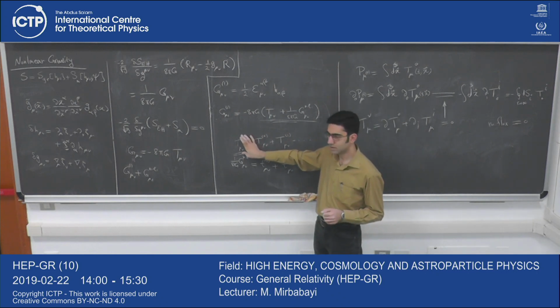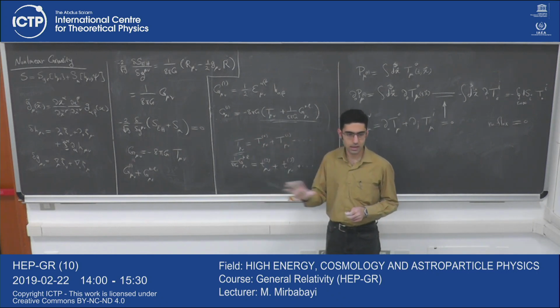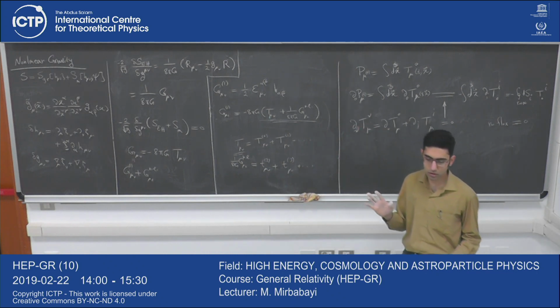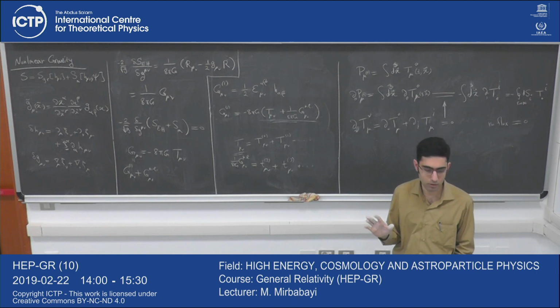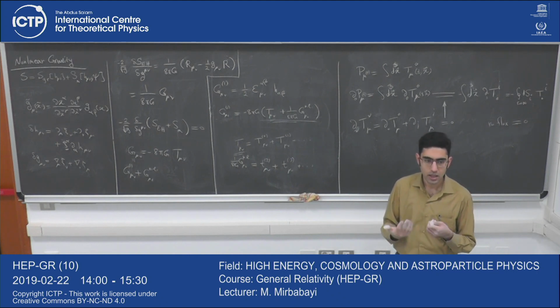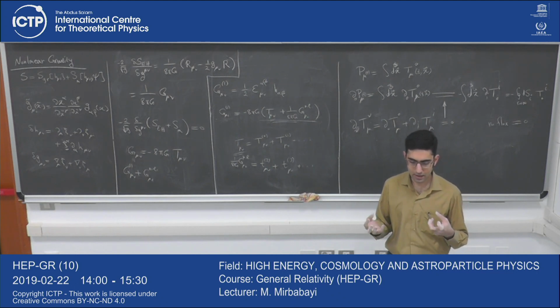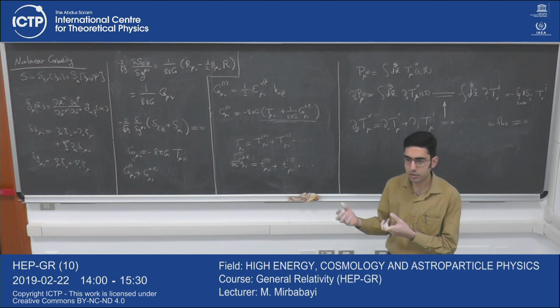So in a sense, if this T^{mu nu} is going to define some energy and momentum, it would be the energy and momentum of the matter field. But we know that the matter fields are coupled to the gravitational field.